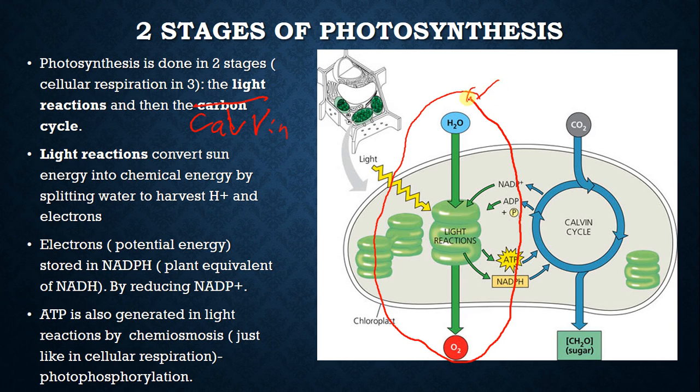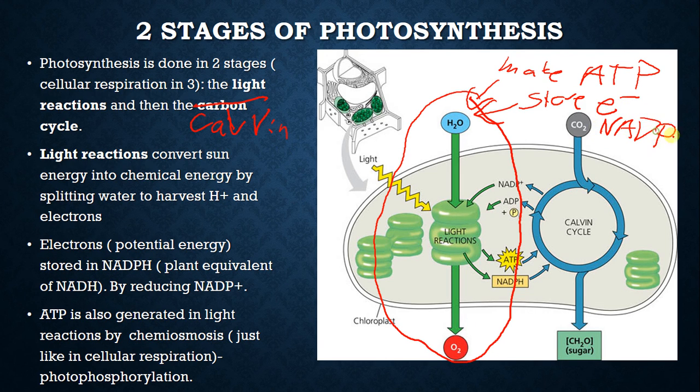In the light reactions, we make ATP and we store electrons in the form of NADPH, a close relative of NADH. So the light reaction is kind of similar to glycolysis in that we make a little ATP, but we also store energy in NADPH to be used when we make glucose in the Calvin cycle.